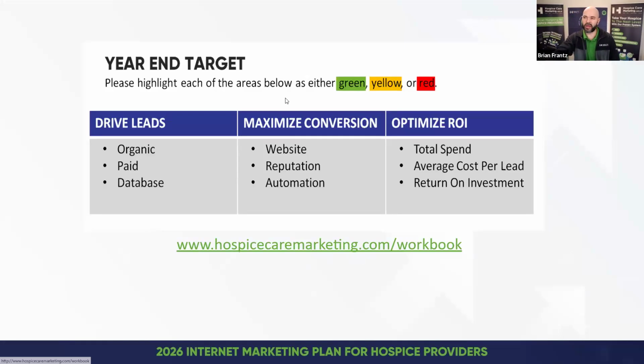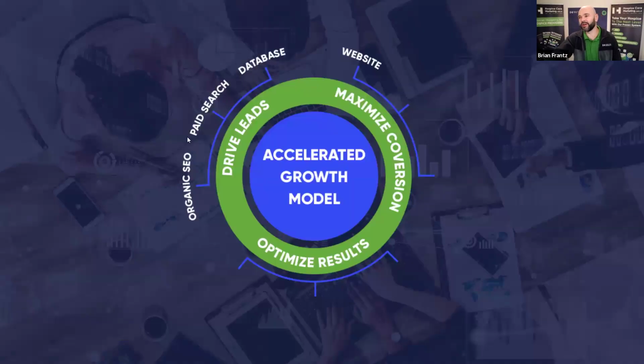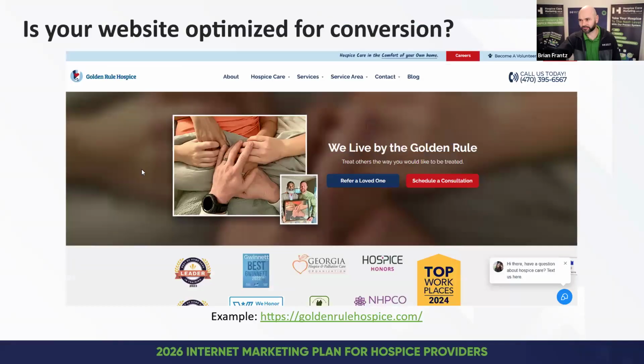So again, open up that workbook, give yourself a score there next to each one. If it's being done, could be done better, maybe a yellow. If it's not being done, maybe it's red. Same with paid search and your database, right? So those would highlight some opportunities for you in the SEO realm or in the driving leads realm, right?